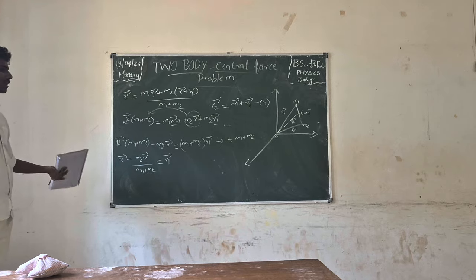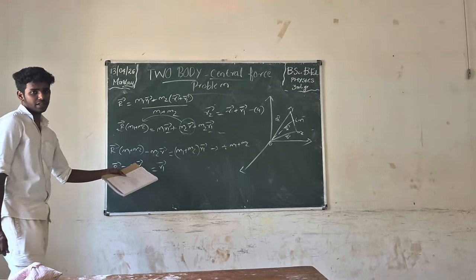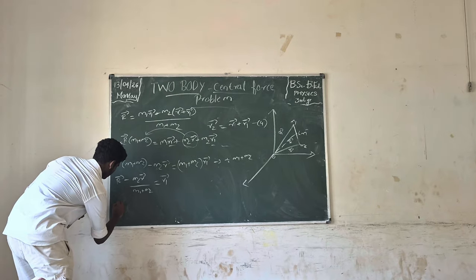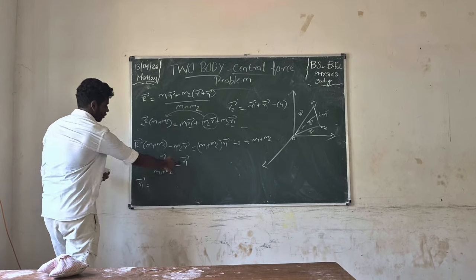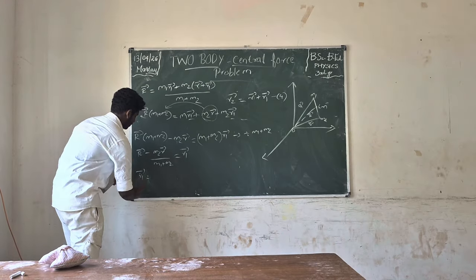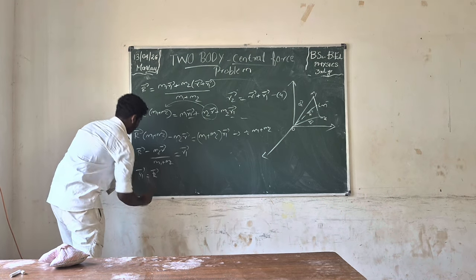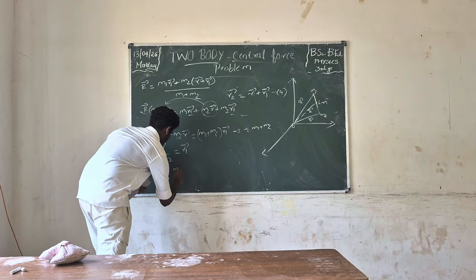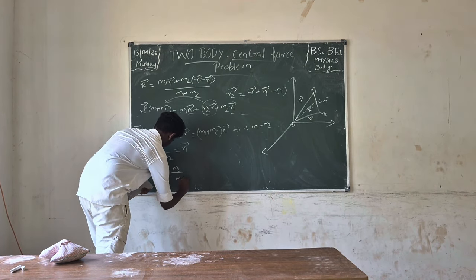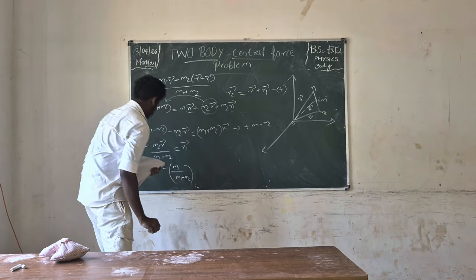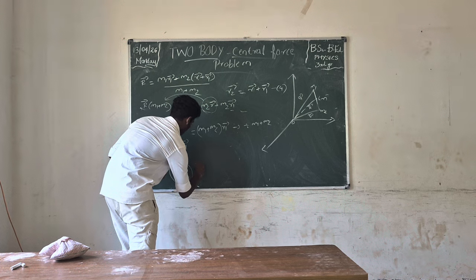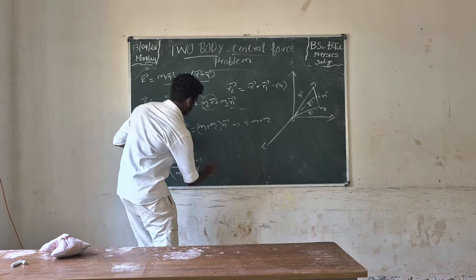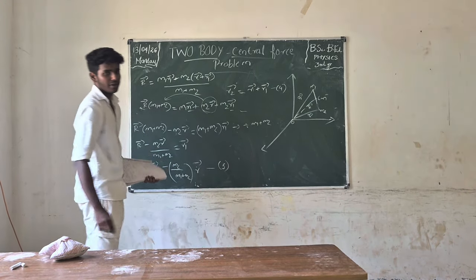Now if we take the time derivative on both sides, we get r1 dot equal to vector R dot minus m2 by m1 plus m2 times r dot. Note that one first. We can consider this as equation number 5.